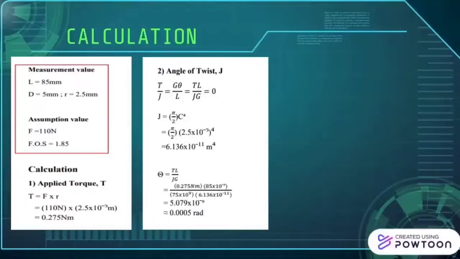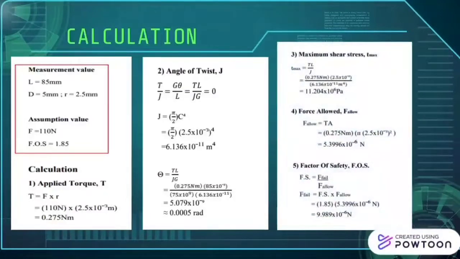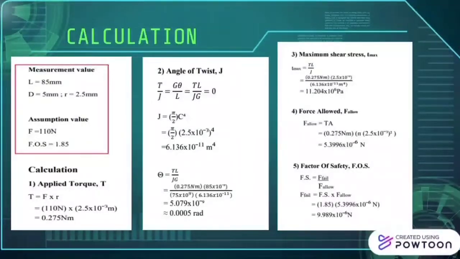For the calculation part, we calculate firstly the applied torque, second the angle of twist, third the maximum shear stress, fourth the force allowed, and the last is the factor of safety. For the applied torque, we use the formula force times radius, which is 110 Newton times 2.5 mm, and the value of applied torque is 0.275 Nm.